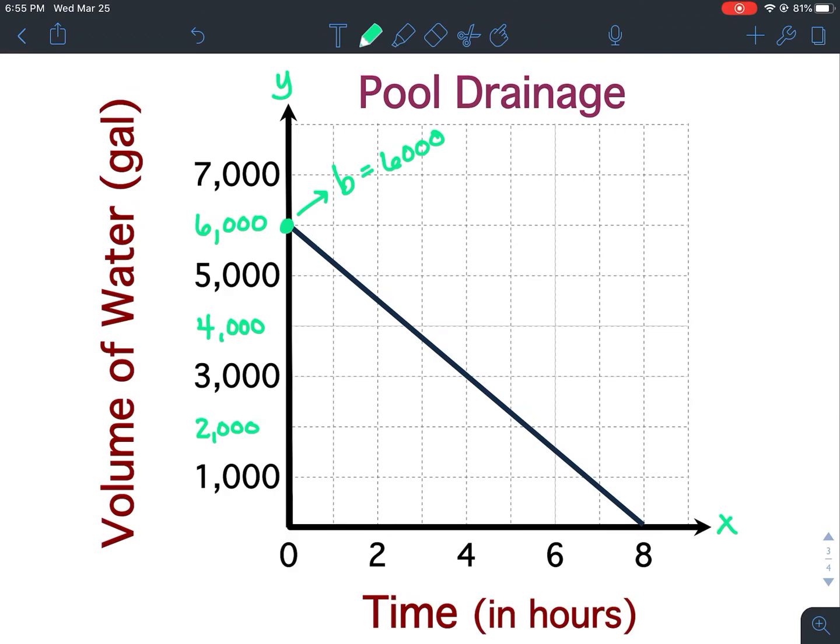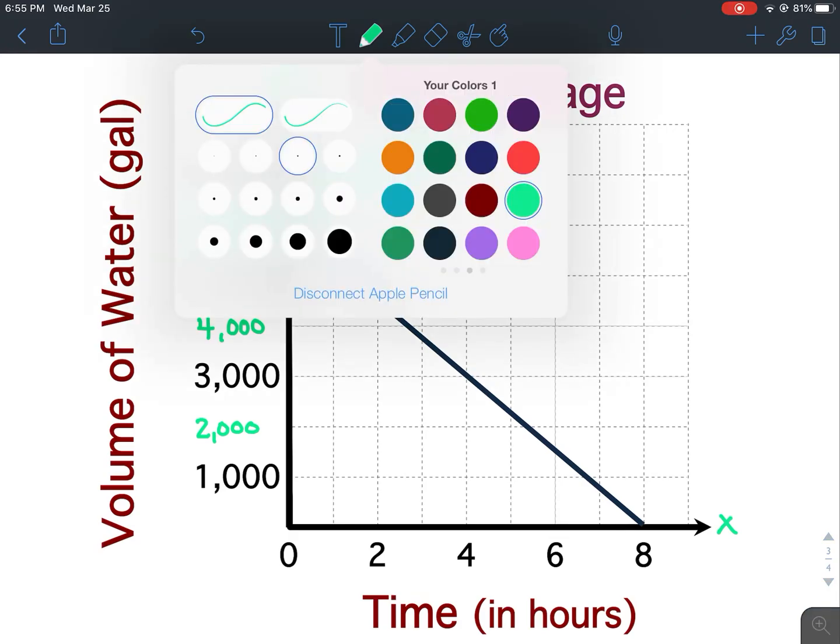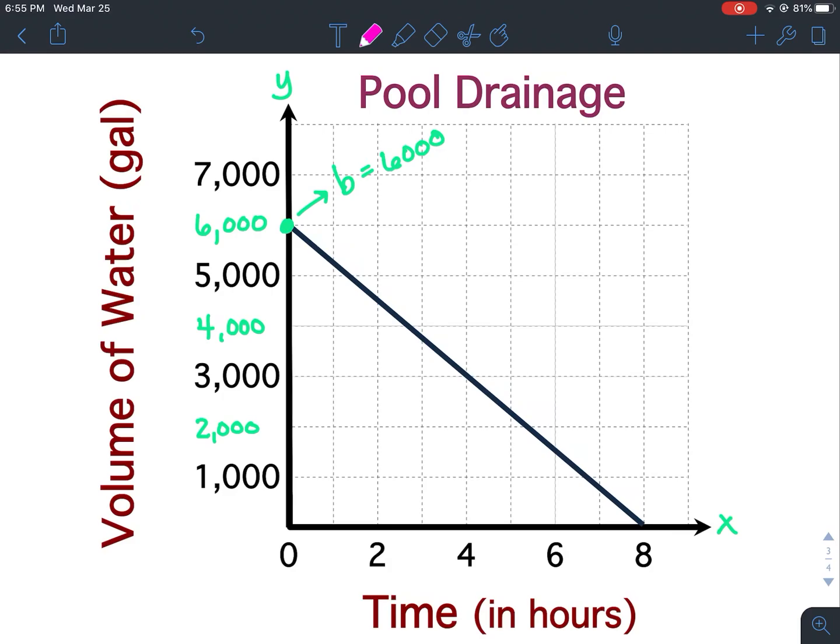Now we need to find the rate of change. Well, finding the rate of change, which means find the slope of a graph, is nothing new. We have done this over and over again. We just need to pick 2 points and find our rise and our run. So let's pick this point right here, and that point right there.